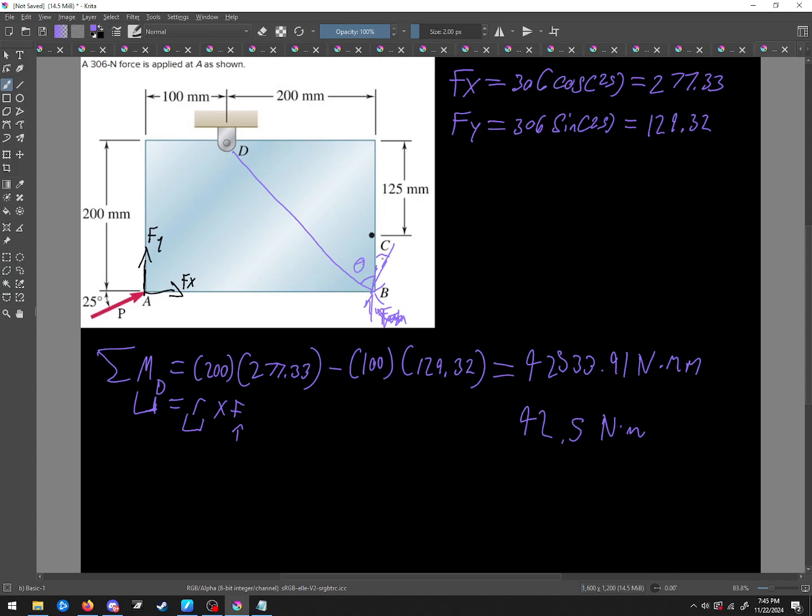This could be theta, and then this could be phi. Screw you, point C. And then this just becomes a 90-degree angle, so phi equals 90 minus theta.